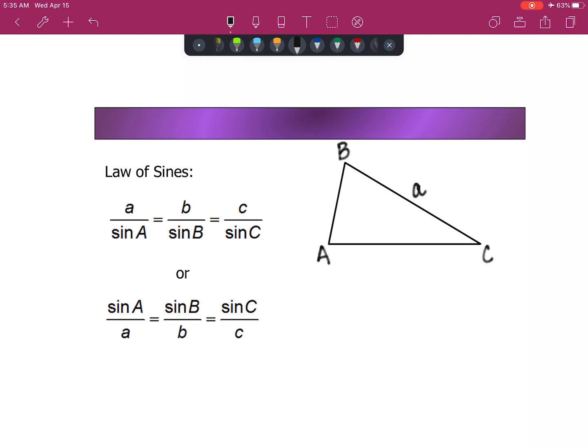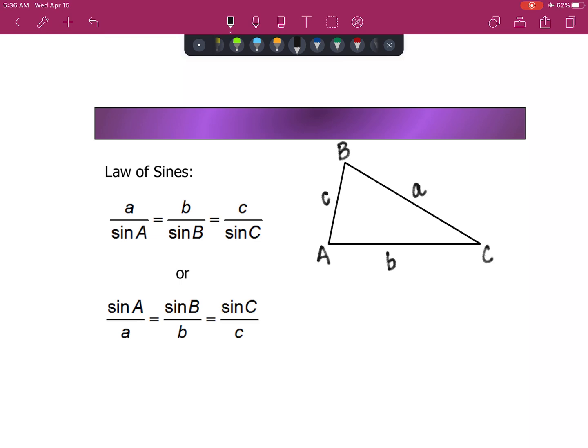So side A is across from angle A, side B is across from angle B, and side C is across from angle C. Another interesting fact, which you might have learned in geometry: the largest angle is across from the largest side and vice versa. The smallest angle is across from the smallest side. Smallest side across from the smallest angle, largest side across from the largest angle.